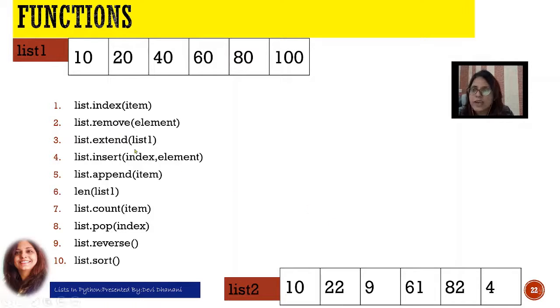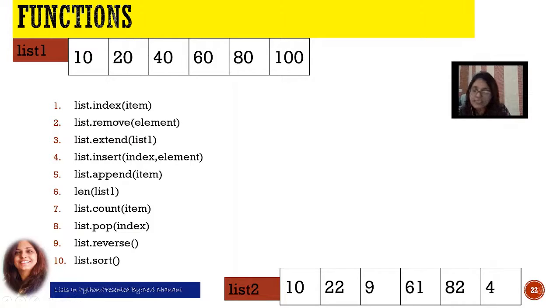So let's assume we have two lists. List 1 is 10, 20, 40, 60, 80, 100. It has elements of integer type, and list 2 also has elements of integer type. Let's take the example of list 1 and list 2, and see what is the purpose of our first function, that is index.